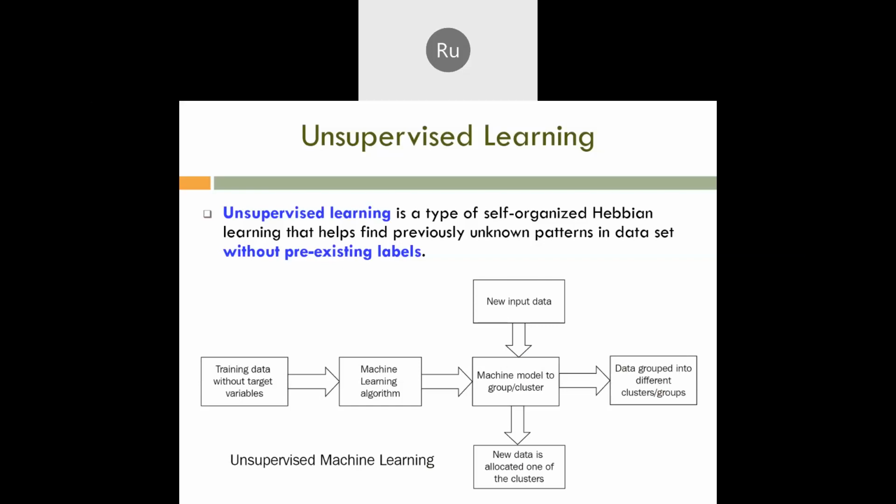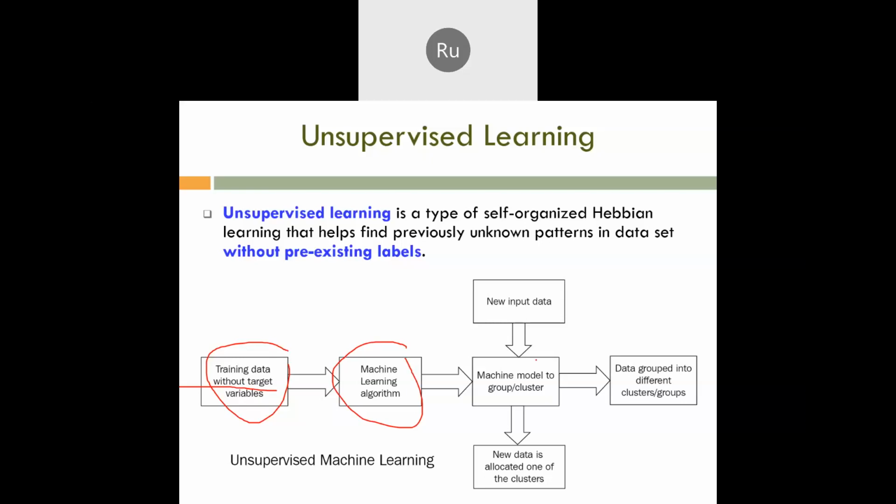So unsupervised learning does not require any label. We are given the data without any label. So we use clustering to perform some grouping, or we could use unsupervised learning to find some relation in the data.